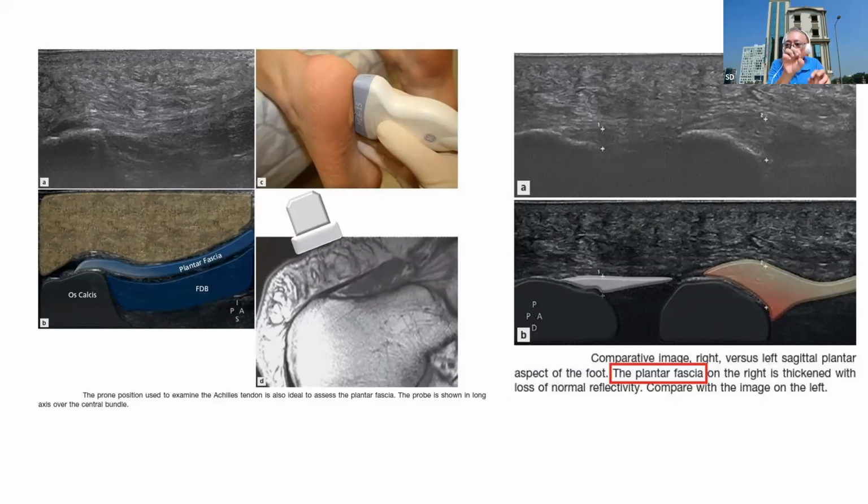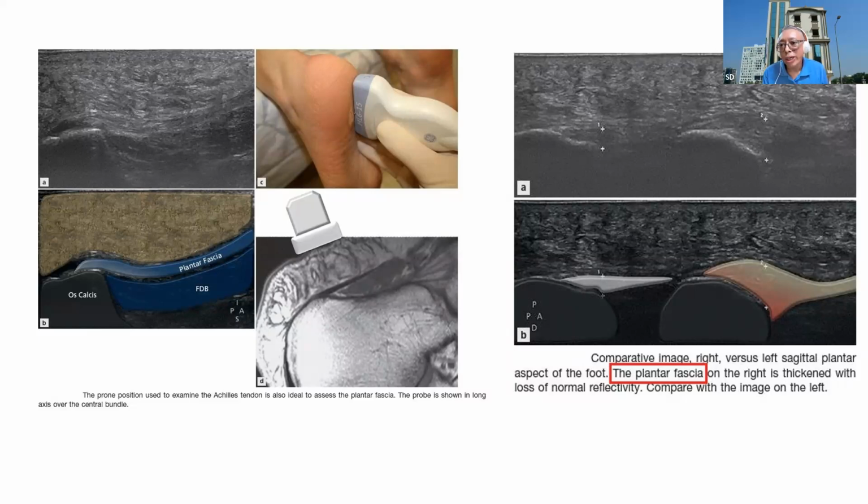Just behind or below that, you will see the honeycomb appearance of the posterior tibial nerve. You just put the needle in an in-plane manner and give about 2 to 3 ml of lignocaine. That will block the posterior tibial nerve.